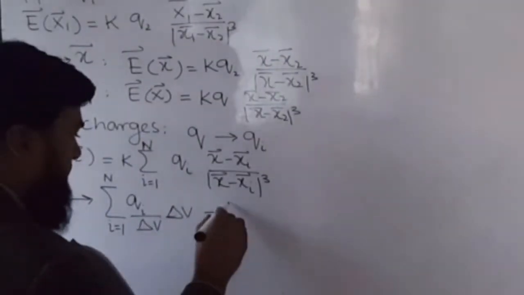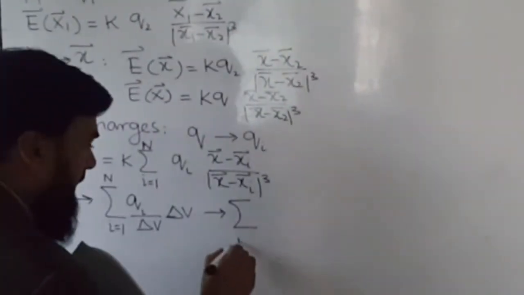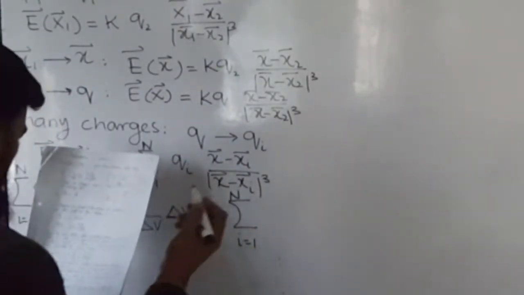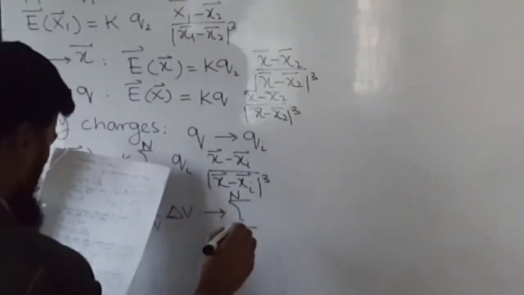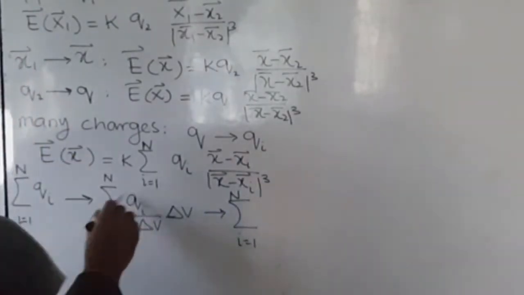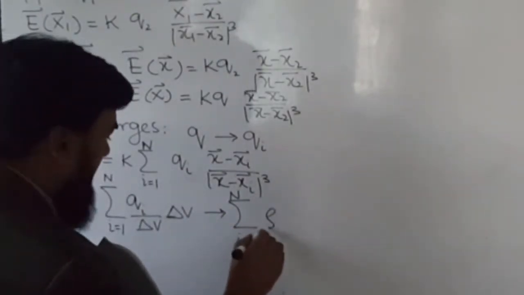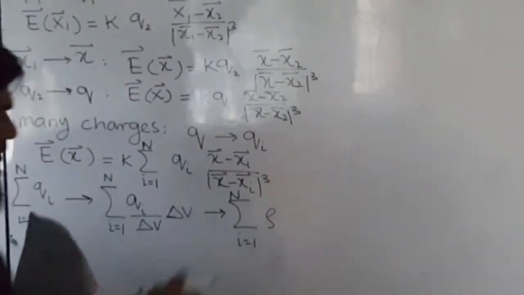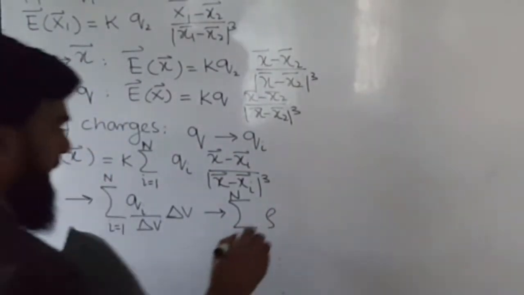So I replace the sum over i from 1 to n charges, and I replace this qi by rho, and this rho is actually the volume charge distribution.